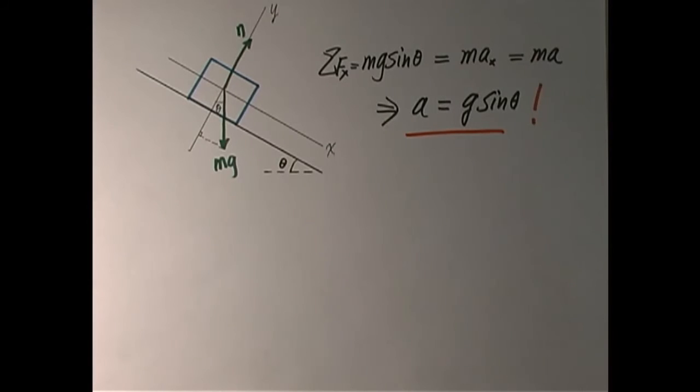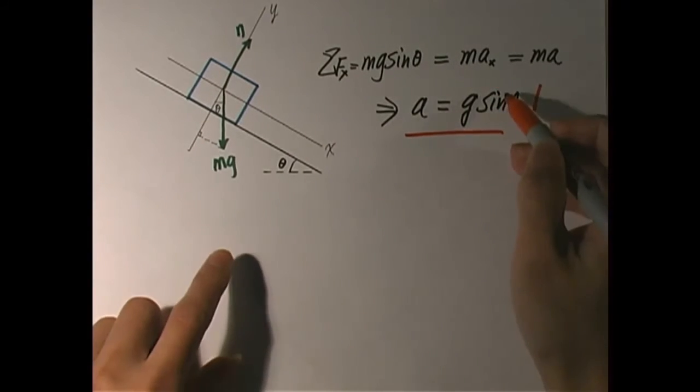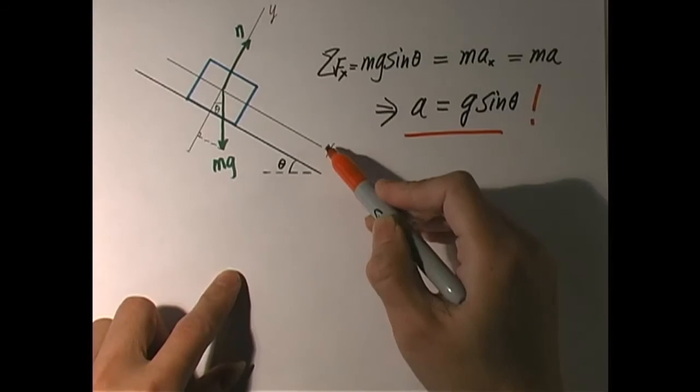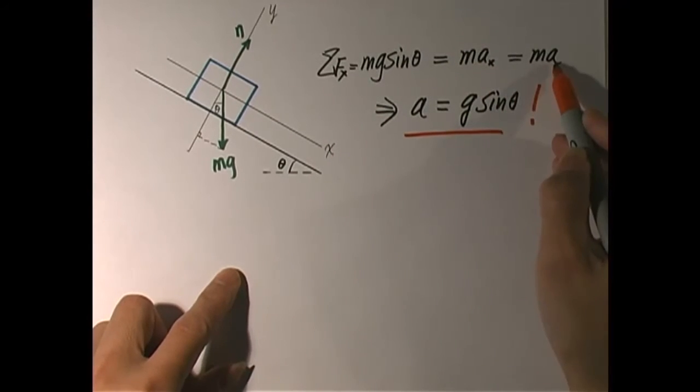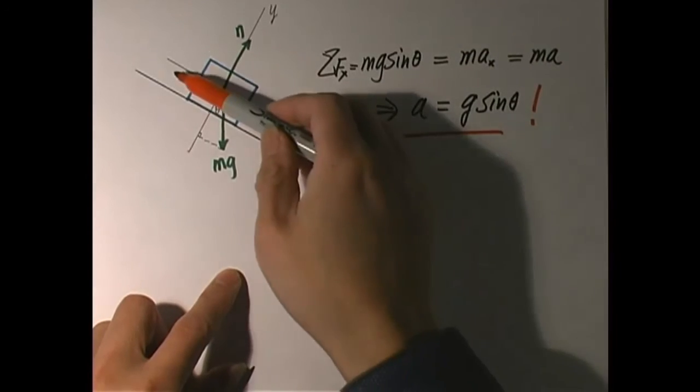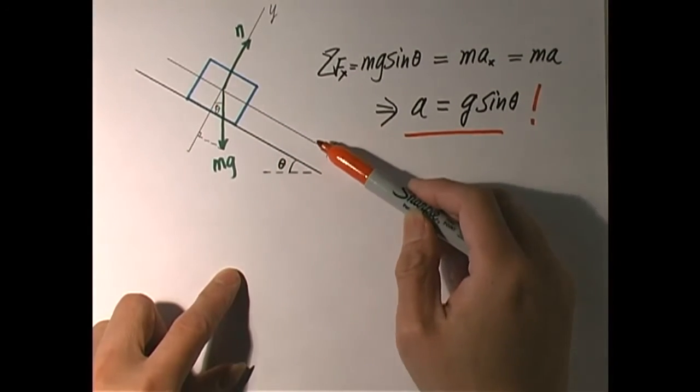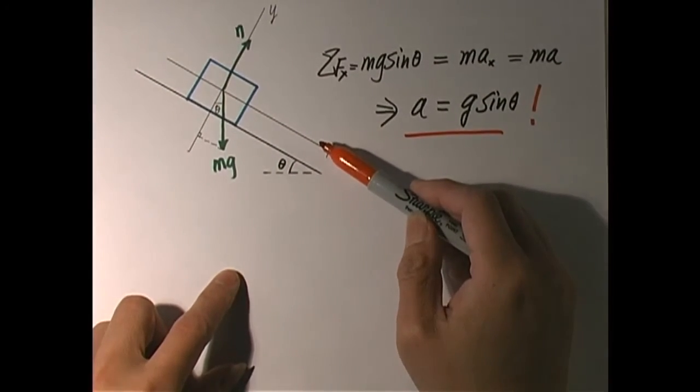So you wonder why this method is much better than the previous one. Is there a general lesson we can learn so that we can use the same trick and same technique for similar problems? Oh yes, there is. The reason why it's simpler is because the way we choose the coordinate system, a sub x is just simply equal to a. Okay, so how do we know that? Because the object can only slide along the x direction, therefore it can only accelerate along the x direction.